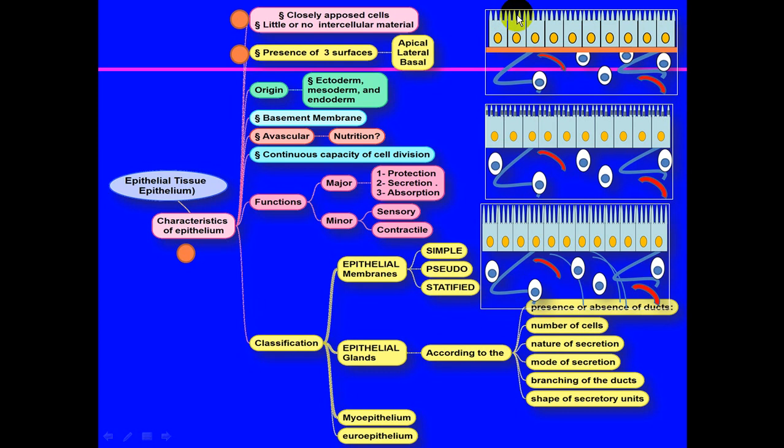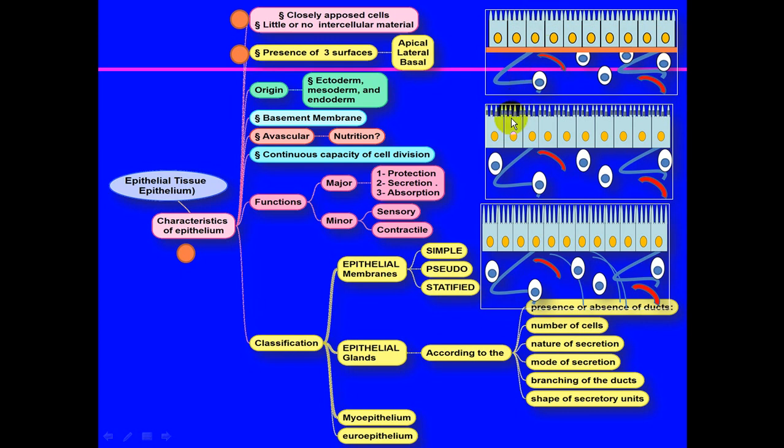These are finger-like projections, and microvilli have the job of increasing the surface area. By increasing the surface area, for what? For absorption. You can find this type of epithelium, simple epithelium, in the small intestine.